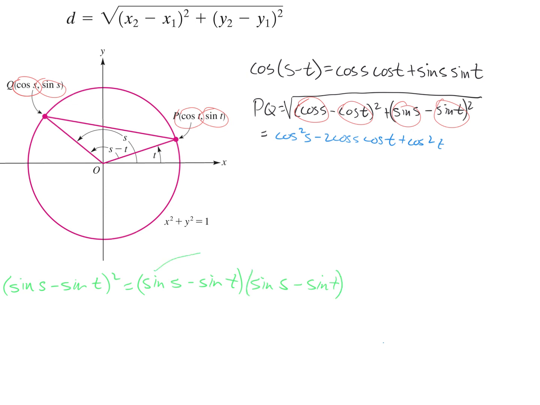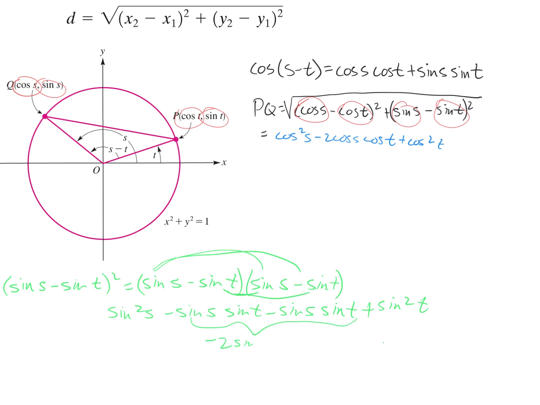And so similarly, it'll be sine squared s minus sine s sine t and then minus another sine s sine t, which was here. And then here is positive sine squared t. And then this is minus 2 sine s sine t plus sine squared t, and we have sine squared s.